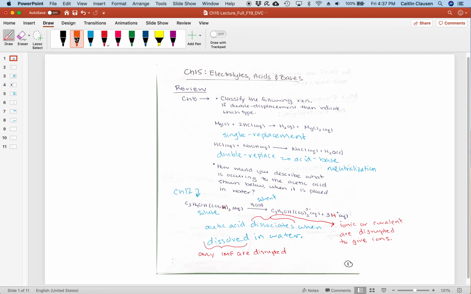And both of these concepts, acid-base and this idea of dissociation when you dissolve something in a solution of water, chapter 15 goes more in depth on both of these.